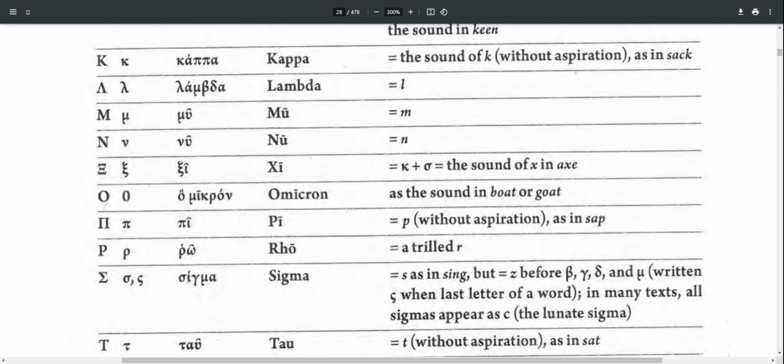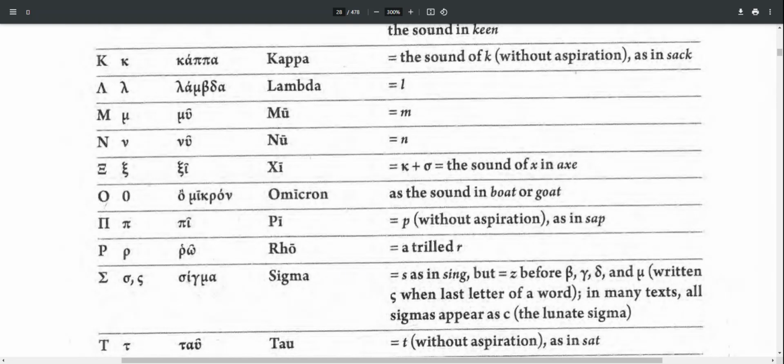You have this one, which is round, which is used at the beginning of words and in the middle of words. And you have this one, which looks like an S, which is used at the end of words. It's also known as the final sigma.